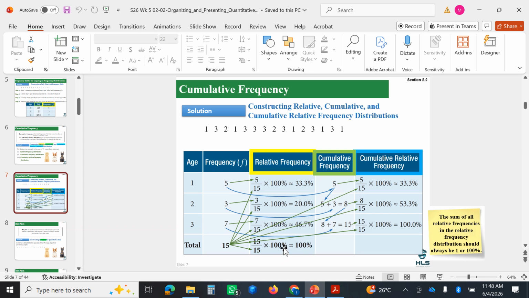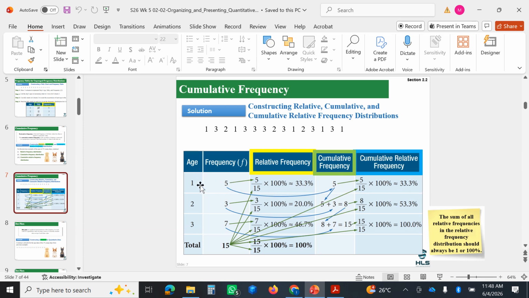Okay? Now, cumulative frequency. You see, as we're moving along from 1 to 2 to 3, have a look here. You'll see here that your frequency and, in this case, your cumulative frequency are the same. That's because it's the first row.